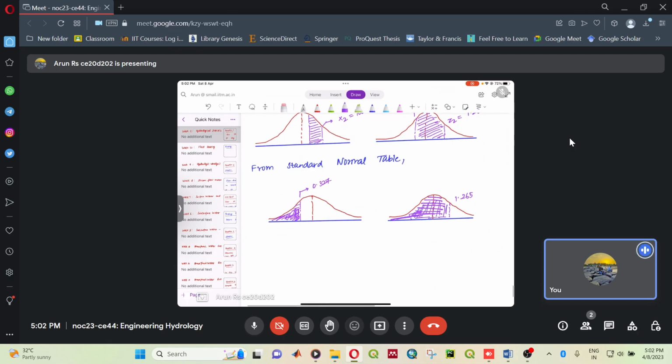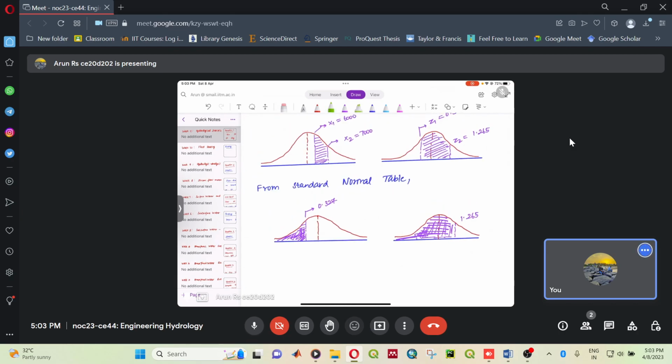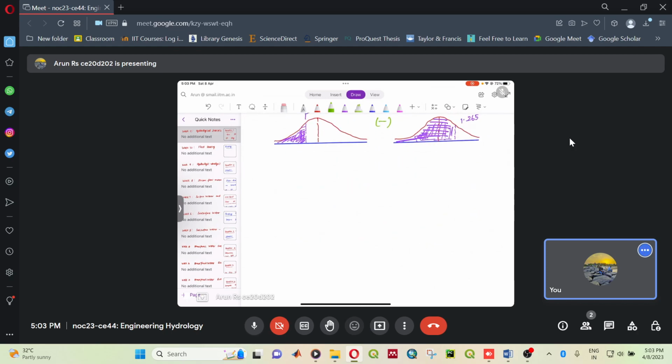If you subtract these two, you will get the area under this curve. I have already calculated what is the area under the curve. For Z1, area under the curve is nothing but the cumulative probability.